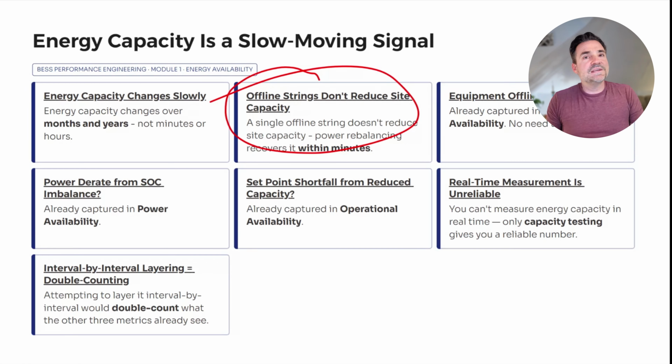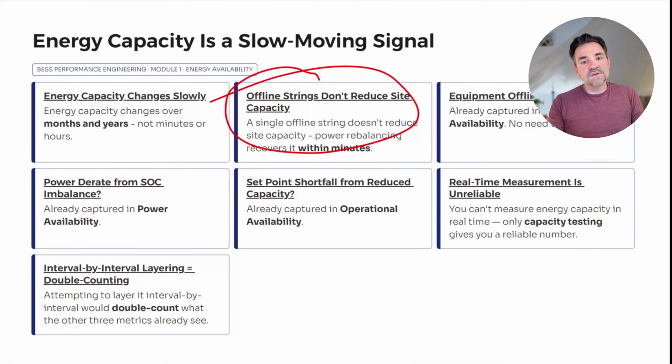And the answer should be maybe, because maybe the equipment is offline at this interval for the next 10 minutes. But if it was to come back online in 10 minutes, you would have plenty of time to use that energy in the next discharge if it's in the middle or early in the discharge. So the equipment's availability doesn't directly or right away affect the energy capacity.